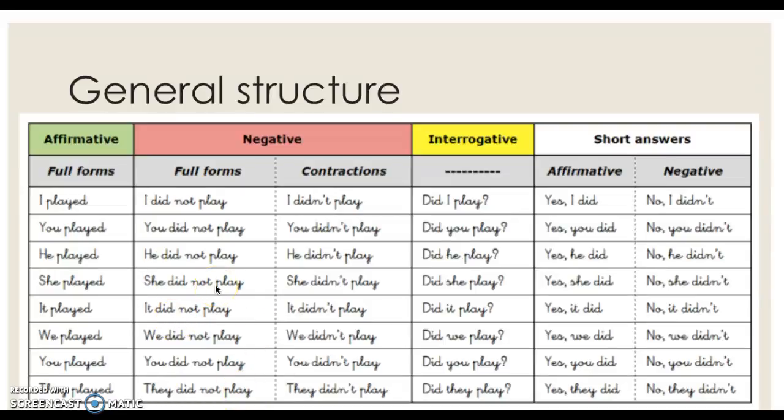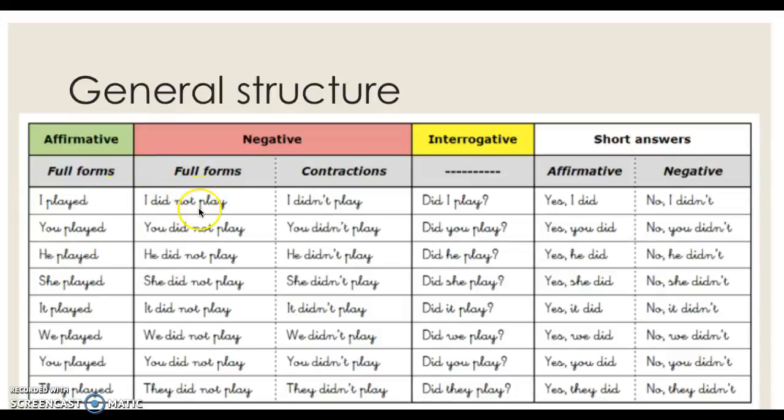But in the past, the only thing that we have to do is put do in the past. So the past tense of do is did. This one, did. And that's it. So we put did and then not, and we have our auxiliary for negative sentences in the past.